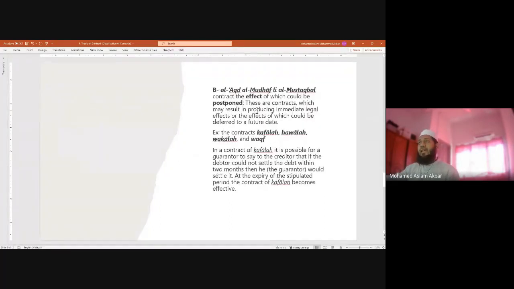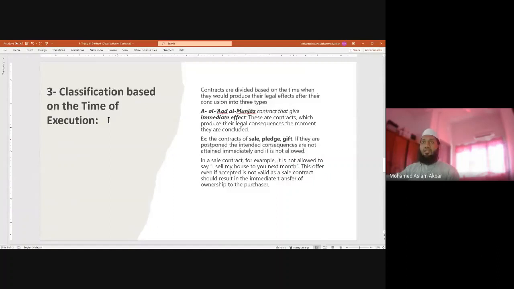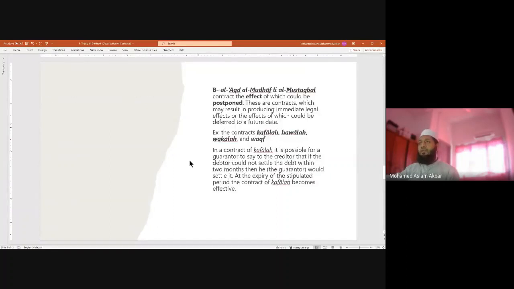The second type under the classification based on the time of execution is aqd al-mudaf li al-mustaqbal. So there are some contracts other than sale, all right? We are not talking about sale or gift.